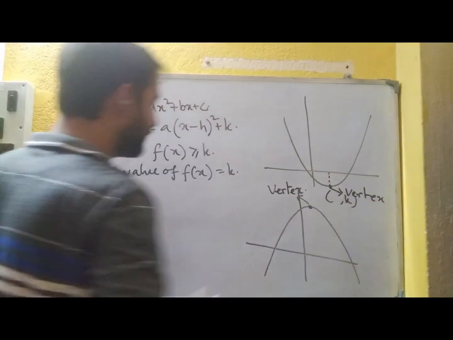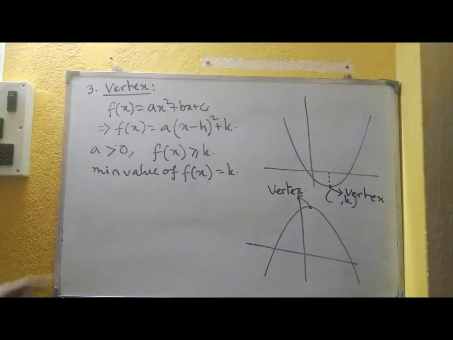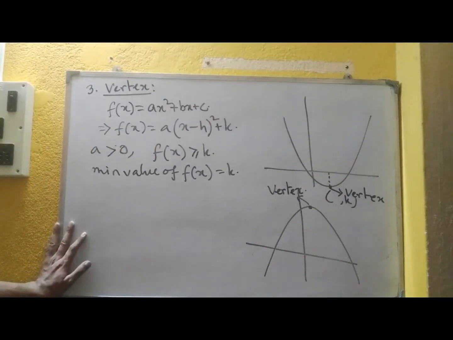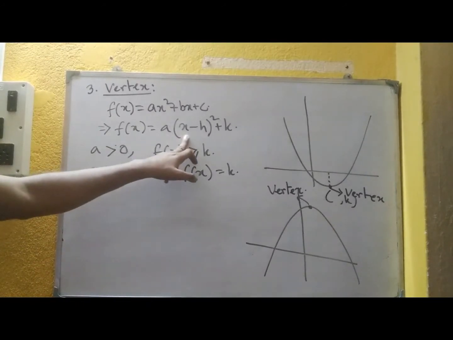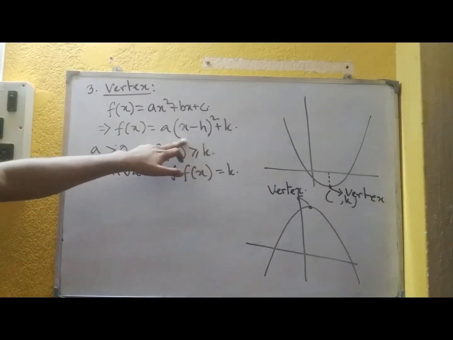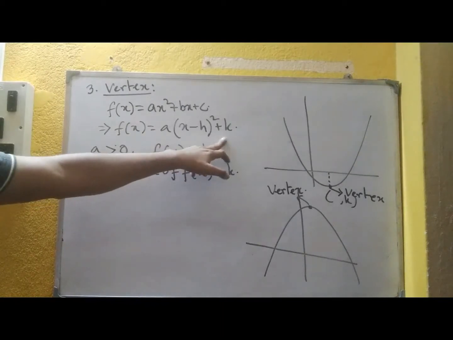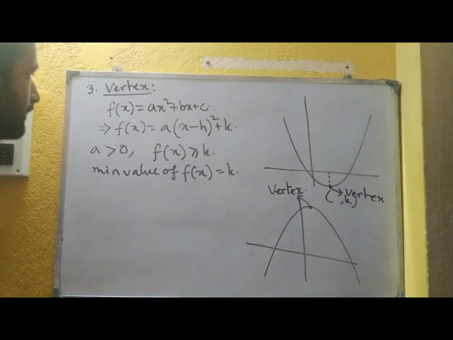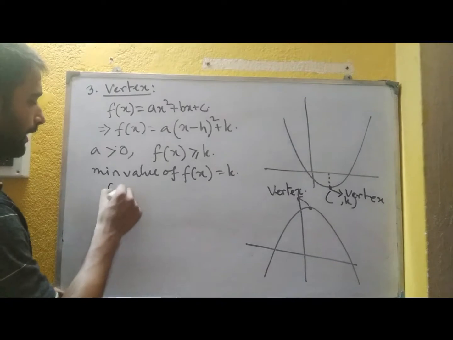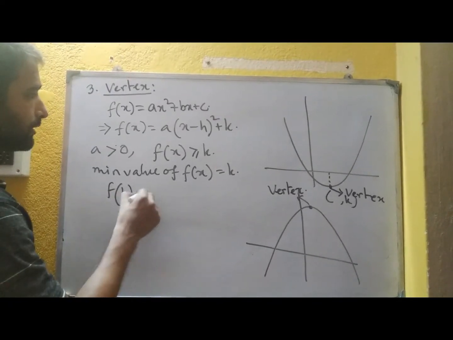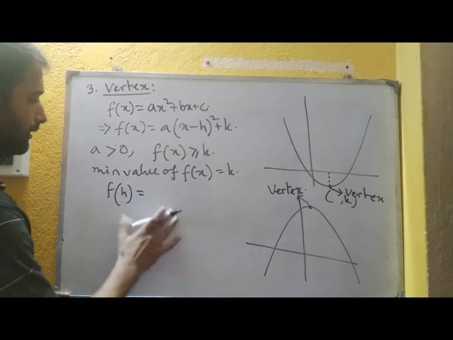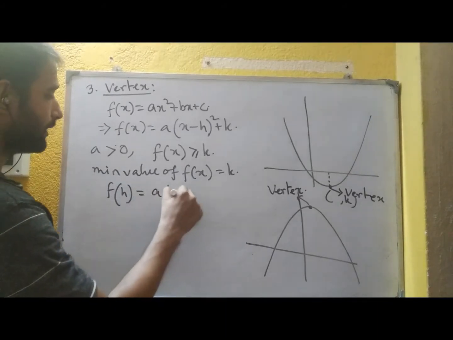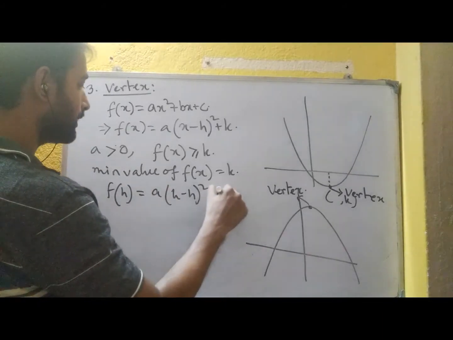So we have to find at which point, for which value of x, we have the minimum value. See, in this expression, if you put x equals h, this whole square part will vanish and you have the value k. So you can say that f of h is equal to k, because it is a times h minus h whole square plus k.